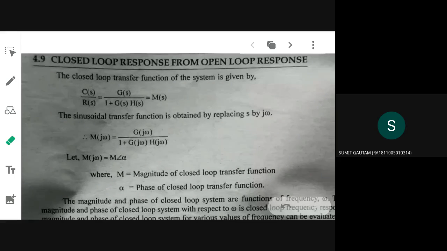Angraj, tell me what are the various frequency response plots that you have learned?